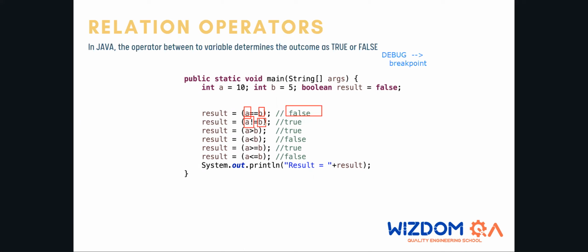A not equals to B, obviously I'll get true here. A greater than B, I'll get true. A less than B, I'll get false. A greater than or equals to B, what does it mean? That it is either 10 or it is either 5 or more than 5. So obviously this is true and the opposite is false. Correct? That's how you get into the relational operator section.